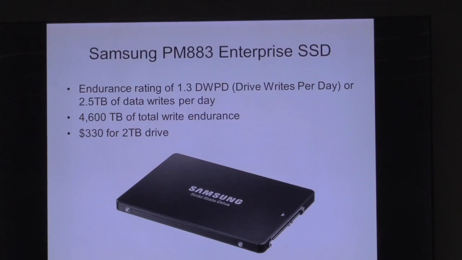So this is the drive that's in the servers in the cloud and in the bank and at the government, and we can buy them if we want. What's the cost? This is $330 for the same 2 terabytes that we saw for 170-something dollars on the consumer drive. So it's about double the cost. But sometimes I might want that kind of reliability, and I'll pay the money.